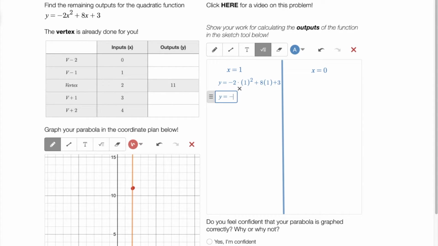that you have to evaluate 1 squared first. So this is -2 times 1 squared, which is 1, and the rest of the multiplication, 8 times 1 is 8, and plus 3. Now that this 1 squared is simplified, I can go in and multiply by -2. -2 times 1 is -2, plus 8 plus 3, and simplify from left to right. -2 plus 8 is 6, 6 plus 3, and my output here is 9.